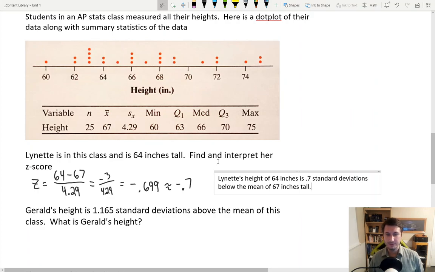Okay, there is our context and our interpretation of what that z-score of -0.7 means.